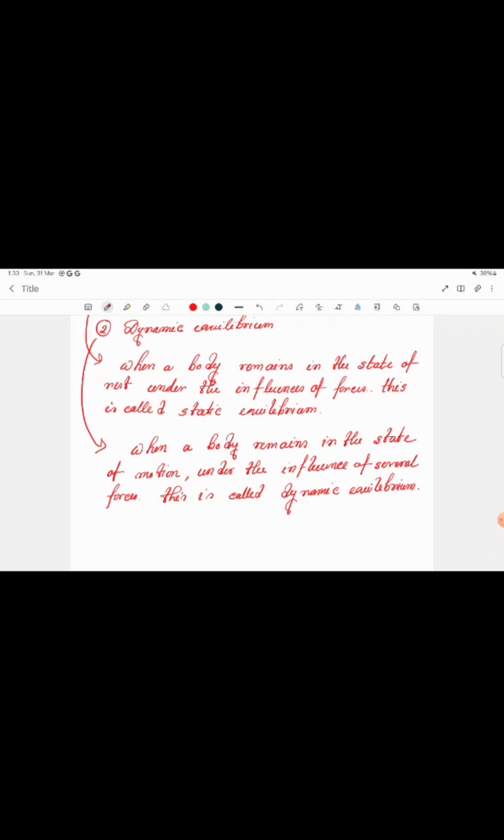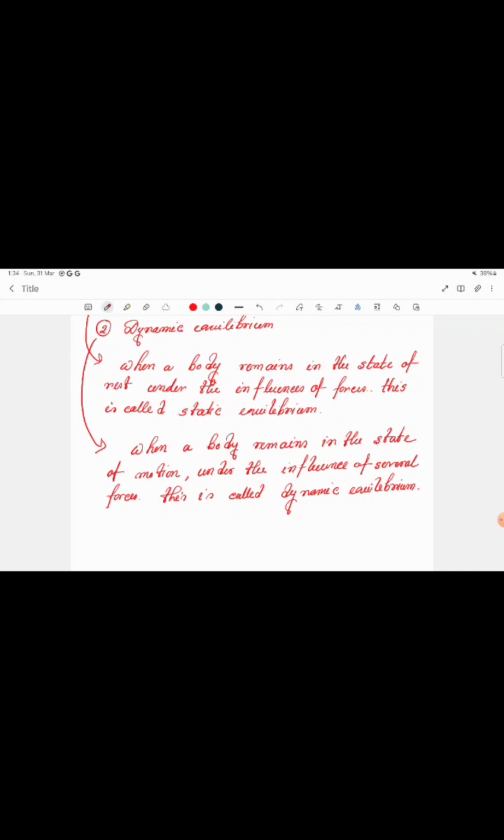So in this case, generally you can be asked for examples. Static equilibrium means any object in our surroundings which is at rest. Suppose a book is on the table. If we apply some forces on that body, but the position is not changing, that is called static equilibrium.